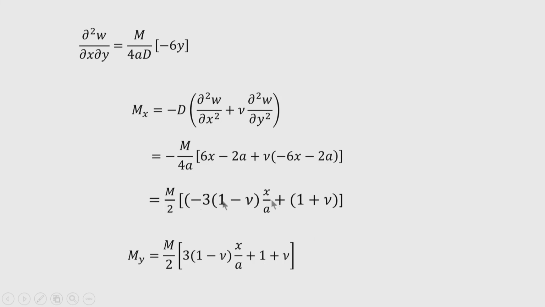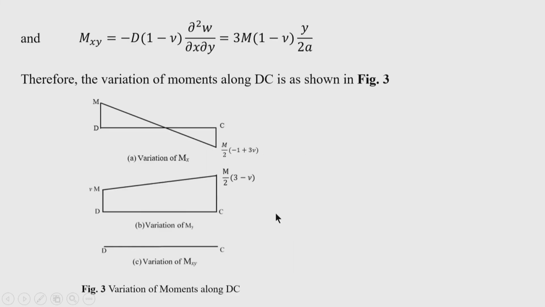You can see that both are varying with x, and the twisting moment along this direction is a function of y. So, if I plot the variation of Mx along CD, we get this shape, and the variation of My along CD, we get this shape.